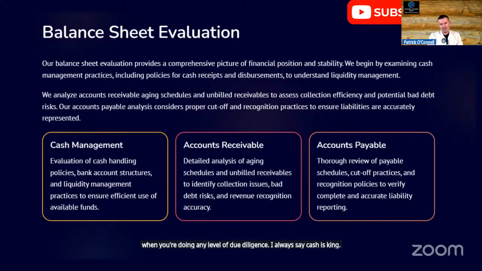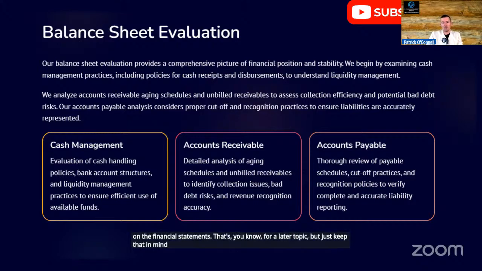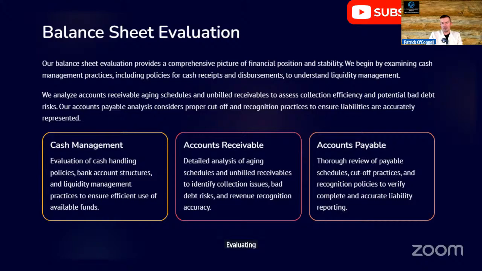How cash moves through the business may also look different than what is being shown on the financial statements. That's for a later topic, but just keep that in mind when you're evaluating the balance sheet, especially in asset-heavy businesses.